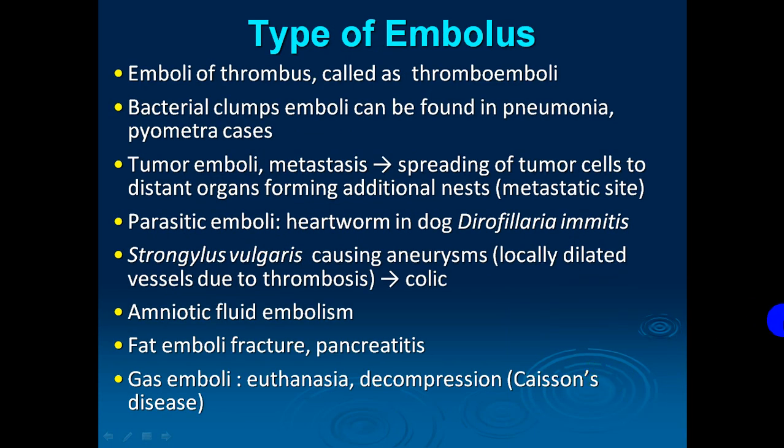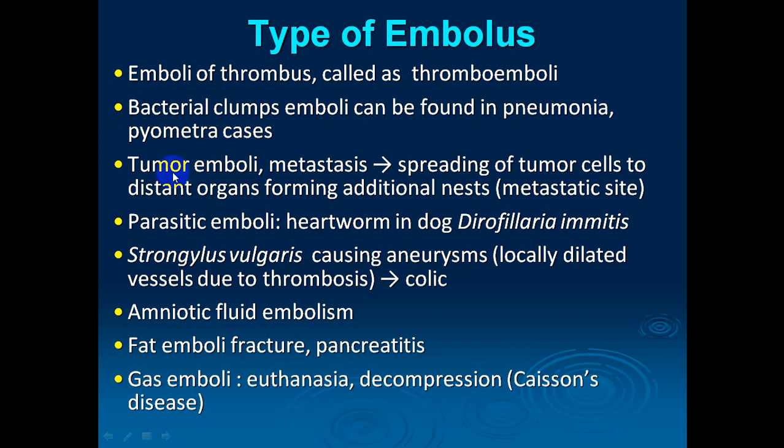There are many types of emboli, with many shapes. Emboli from a thrombus we call thromboemboli, or emboli can occur due to bacterial accumulations, for example in cases of lung inflammation, pneumonia, or pyometra.